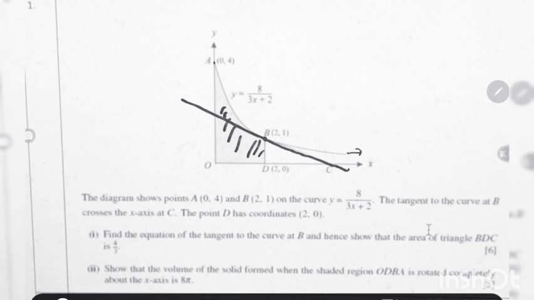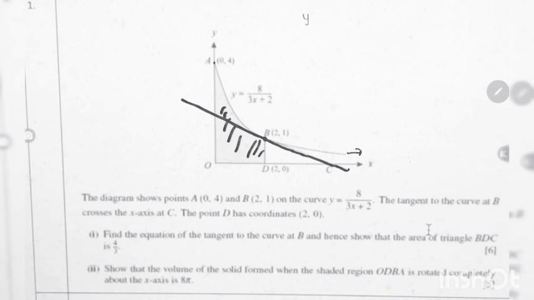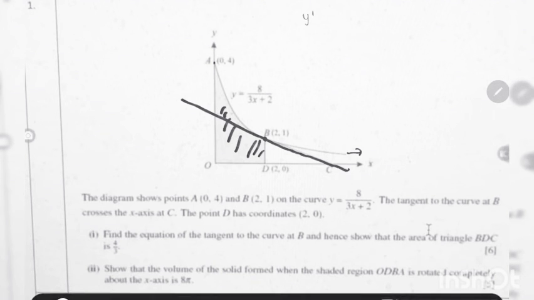Okay, so to find the line equation, first of all you need to find the gradient of the tangent, right? To find the gradient, we find the derivative of the curve, the first derivative of y.